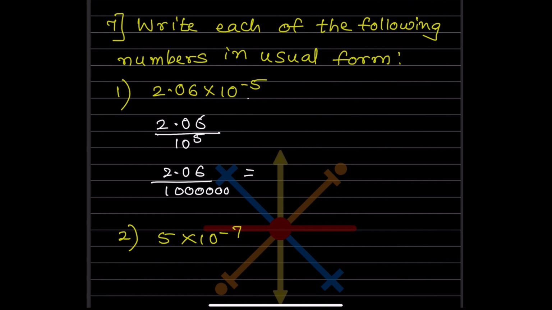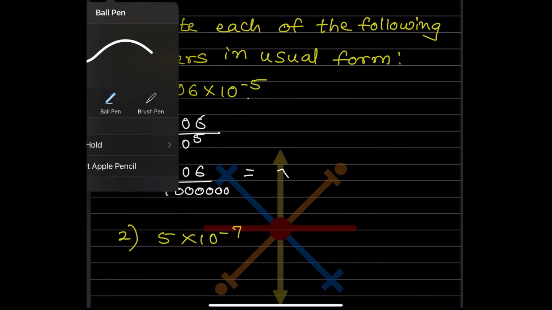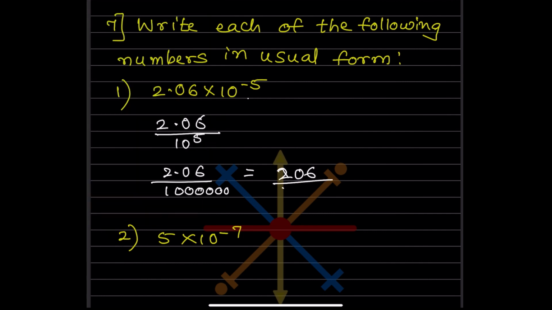We can write 2.06 as 206 divided by 100 into this. How many zeros are here? 6, 1, 2, 3, 4, 5, 6. So you can write this as 206 divided by 10 raised to 8, because this 6 plus this 2 is going to be 10 raised to 8.